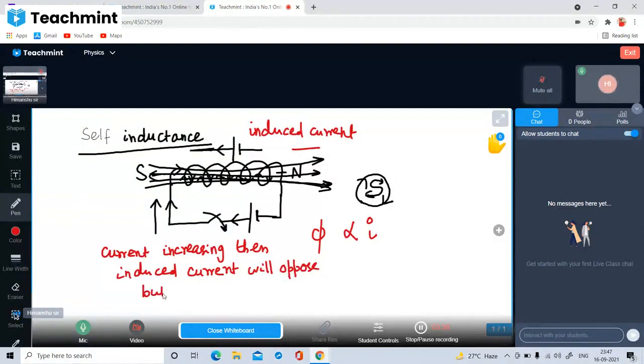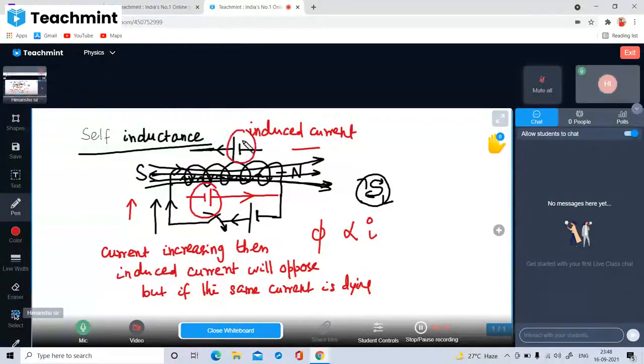But if the same current is dying, that means decreasing, means when we are making it switch off, then current will be decreased. So to support the current, there will be a battery of this type and the induced current will flow in this direction. Means the induced current flows in such a way that we are getting a battery like this system here.